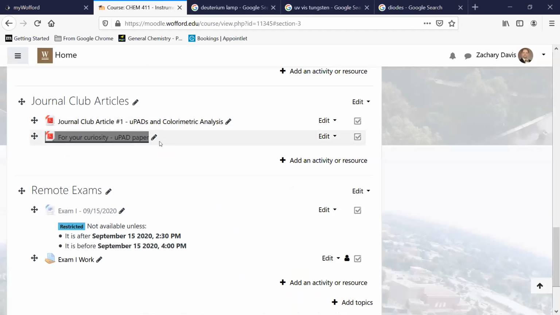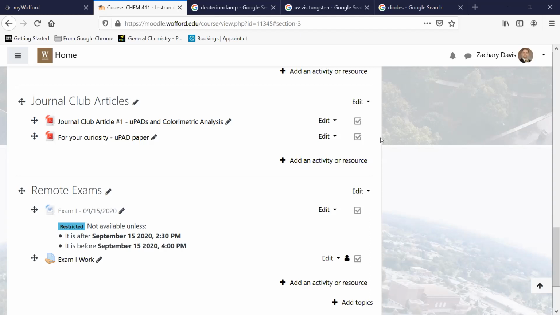The one that we will discuss most is this colorimetric analysis one. And so for a journal article talk, really what I'm looking for is your reflection on why this paper is interesting and useful, and how it contributes to the world of instrumentation and chemistry as a whole.